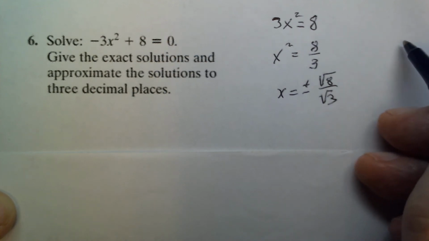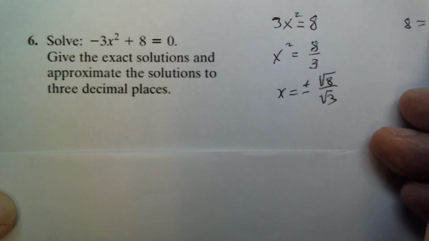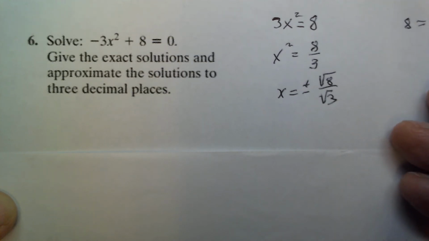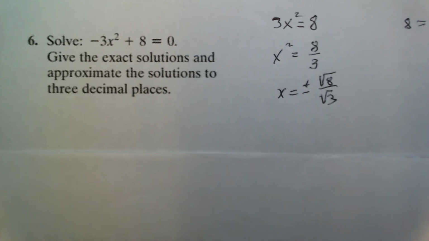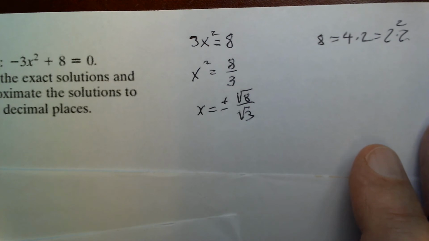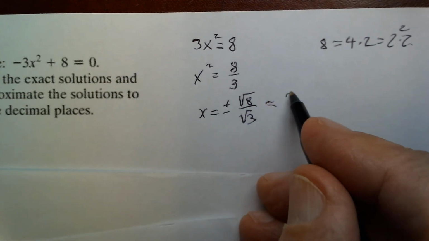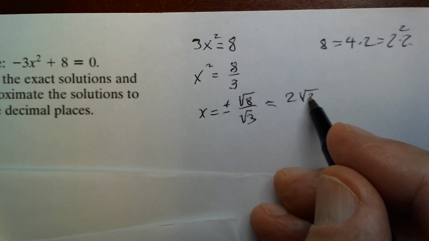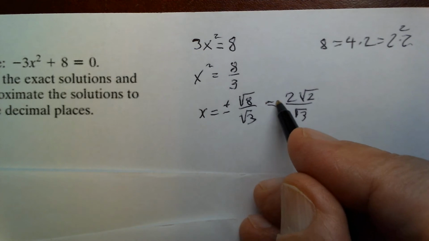Now, since we can write 8 as 4 times 2, or 2 squared times 2, we can now rewrite the numerator as 2 times the square root of 2 divided by the square root of 3, plus or minus, of course.